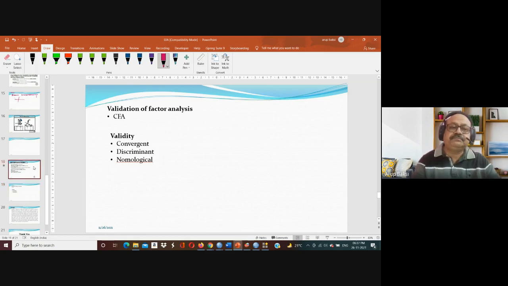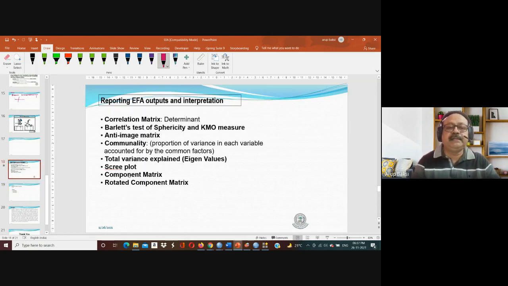So while reporting, remember that in a PhD thesis you can include everything, but in a journal paper you can go for a very elaborate representation of EFA. One of the things that you need to measure or at least to represent is the common method bias, whether a single factor is responsible for the maximum variance.